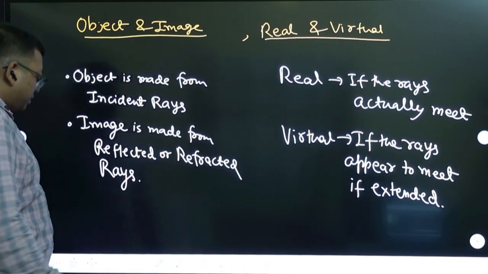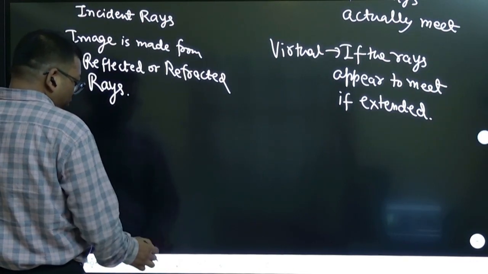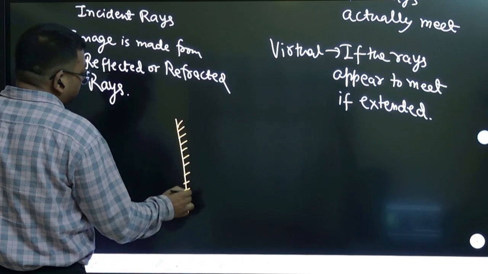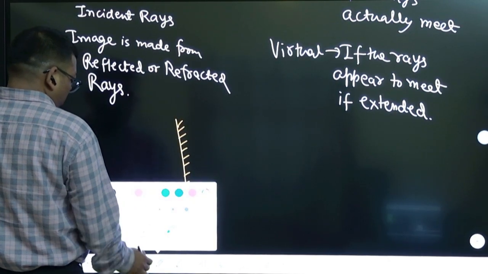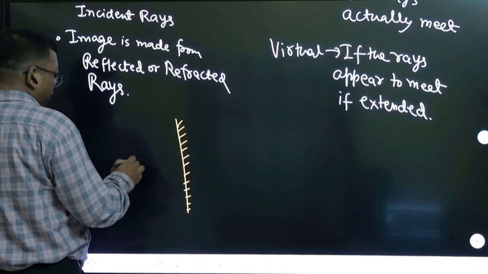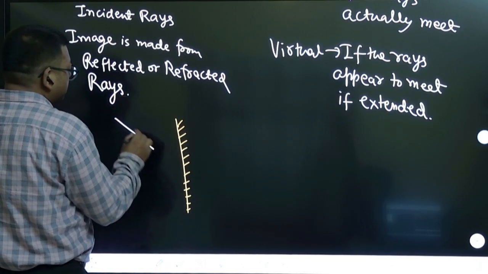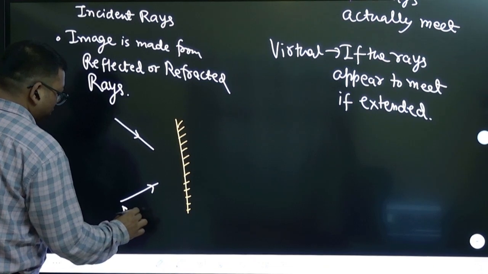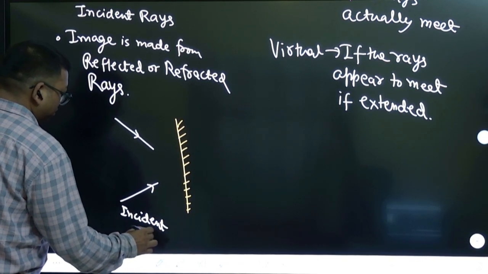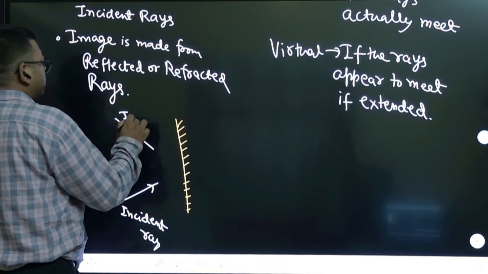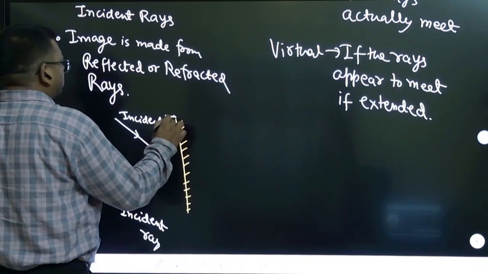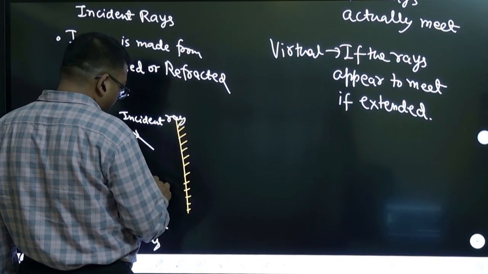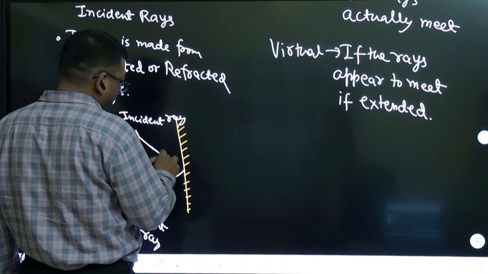Now let us understand, I will take two examples. One example is a plane mirror like this, and incident rays are coming like this. These rays are incident rays. I am taking them as incident rays. This is also an incident ray. When it goes and hits the mirror, here also it may hit the mirror somewhere.